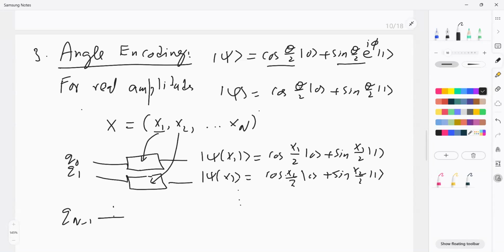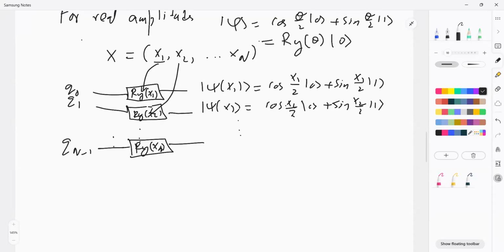And by the way, I can easily do this because this state can be obtained by applying a rotation gate around the y-axis by angle theta on the zero state. So this is nothing but RY(x1). This is RY(x2), and the last is RY(xn).